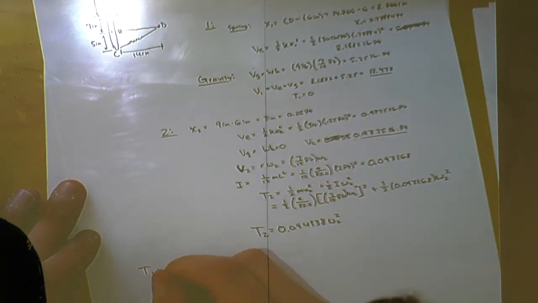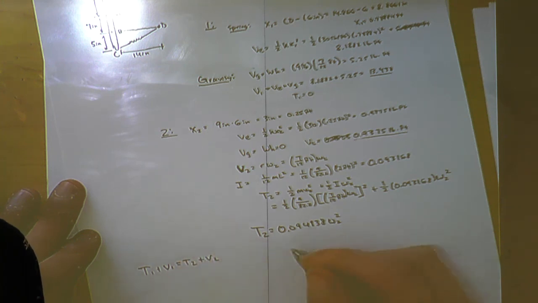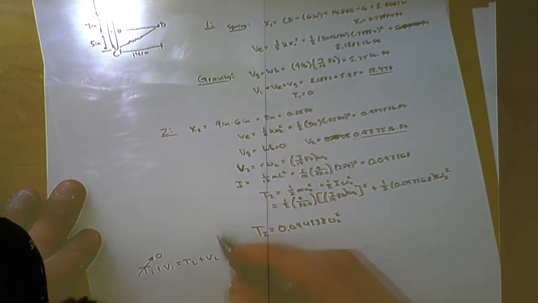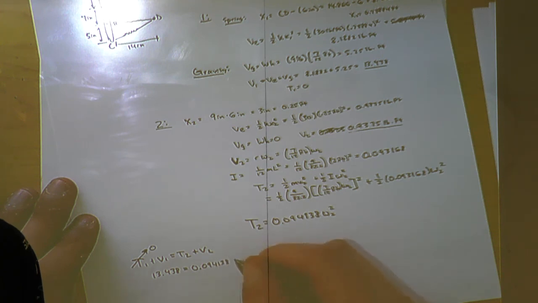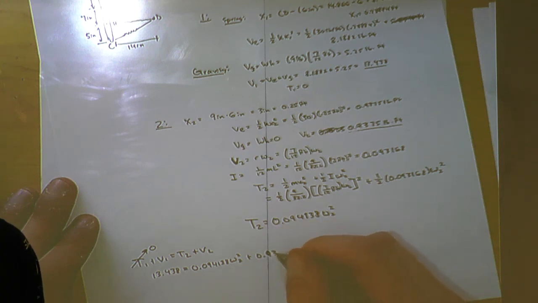So we're going to use T1 plus V1 equals T2 plus V2. And so our V1 was 13.438, and that's equal to 0.094138 angular velocity at 2 squared plus 0.9375.